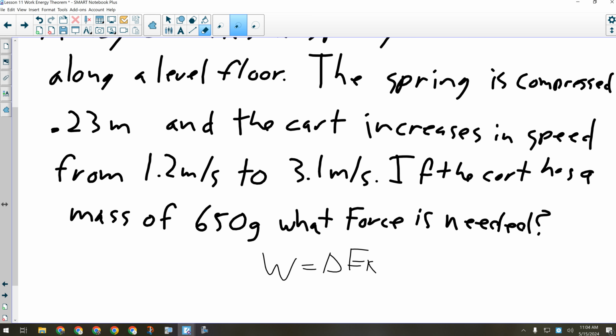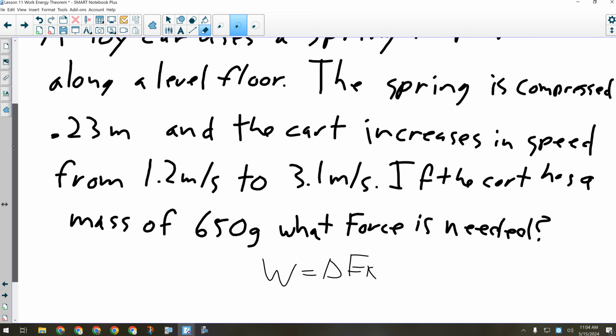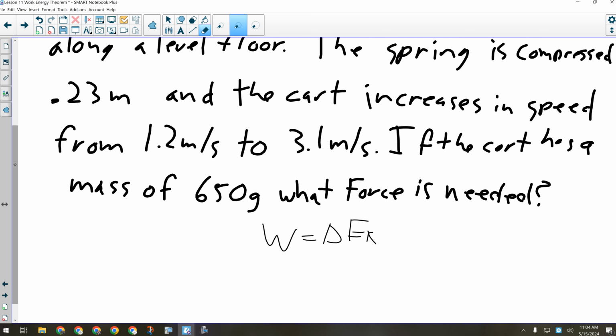That's the contextual stuff I have to get from the question. Now, the actual numerical stuff: I have a spring that is compressed 0.23 meters. What did they give me there? Distance. And it increases in speed from 1.2 to 3.1. Which one's initial? 1.2, because it said it increases in speed. Therefore, the smallest one has to be the initial.